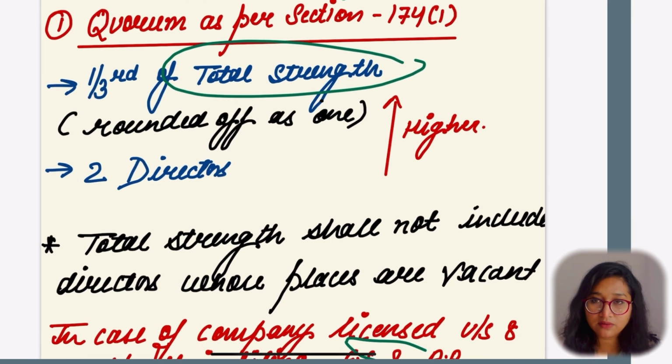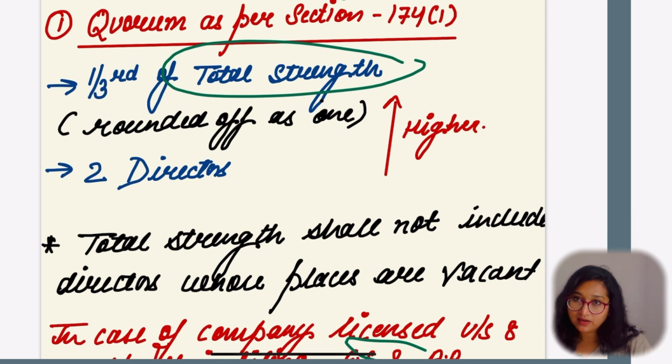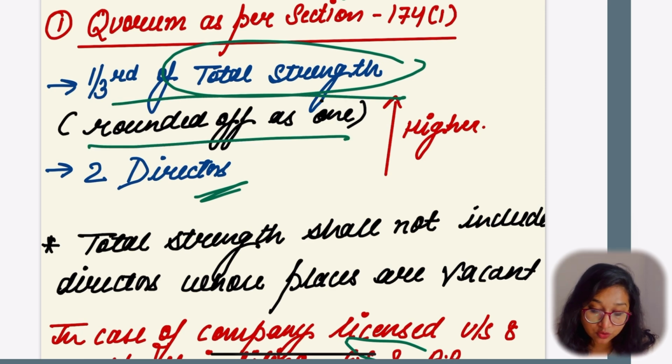Let's go for the first criteria of this topic. The first criteria was 1/3 of total strength, and the second was 2 directors, whichever is higher among them. Let's read it again. 1/3 of total strength has to be rounded off as 1 if the digit comes in decimal form.